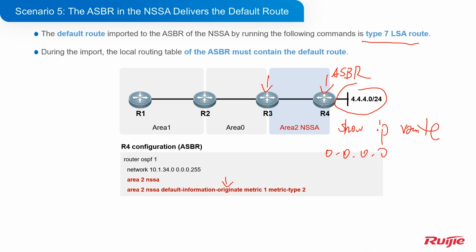So we can also see O N1 or O N2 routing entries in our routing table. Now, if we use the command to set the metric type to 2, we can see in the routing table it is marked as O N2, because we adjusted the metric type to type 2. So we can see the default route entry in our routing table. This is scenario 5.